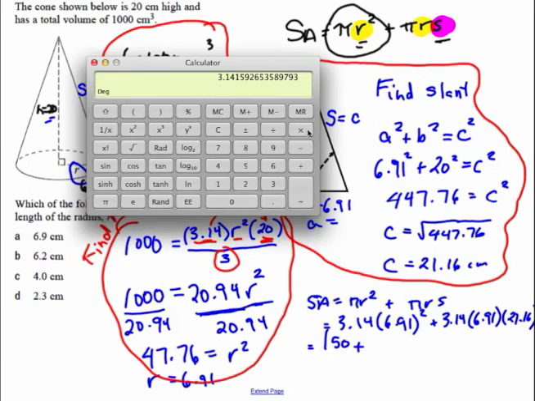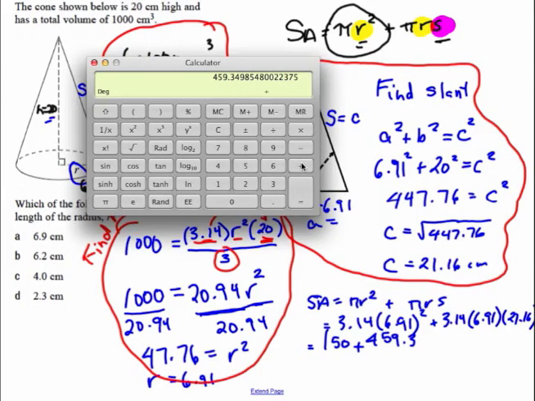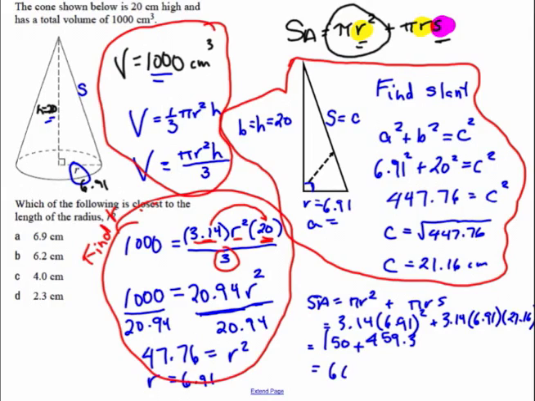Pi times 6.91 times 21.16. It's lagging a little bit in time. So that's 459.3. We're going to add the two together, and we get 609.3. And the unit, since we're dealing with area, is centimeters in this case, squared.